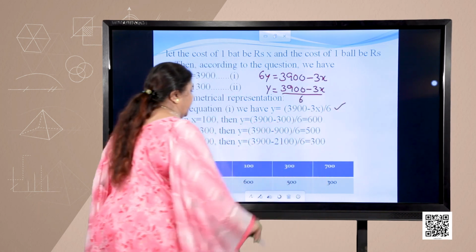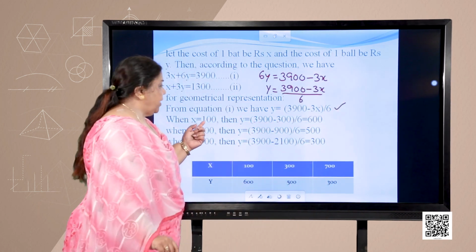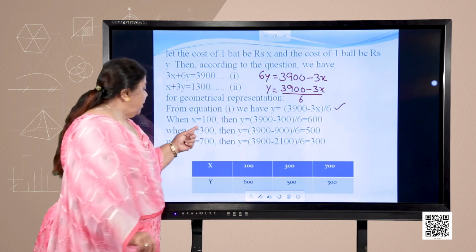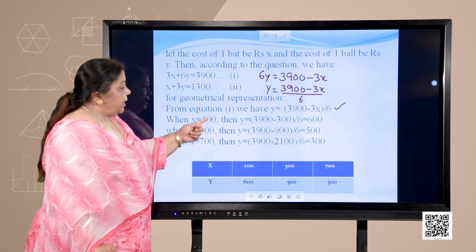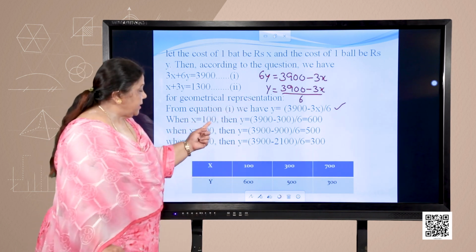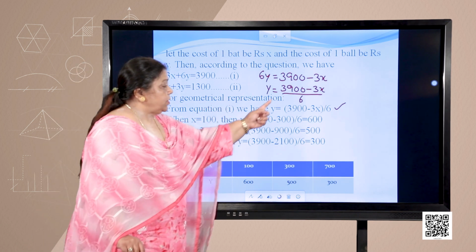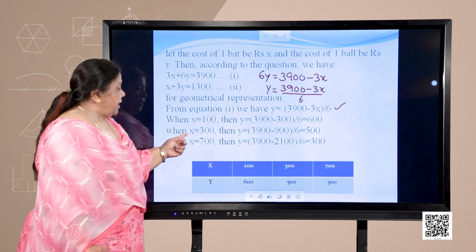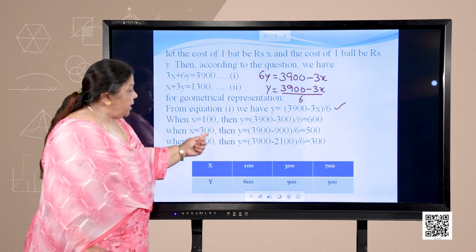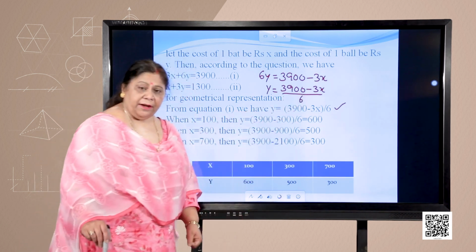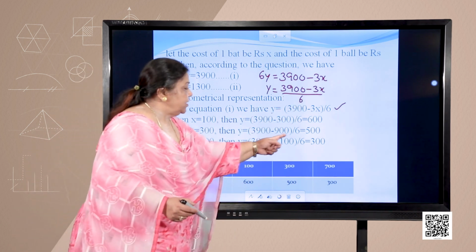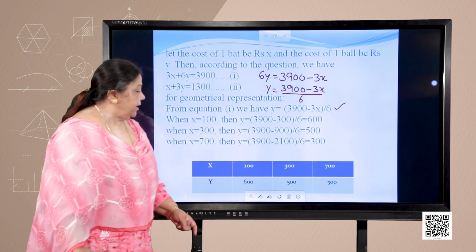Now, if I put various values of x, I will get different values of y. If we take x is equal to 100, it gives me 3,900 minus 300, that is 3,600 divided by 6, which is 600. Likewise, if I take x is equal to 300, 300 into 3 gives me 900, so 3,900 minus 900 is 3,000 divided by 6 is 500.